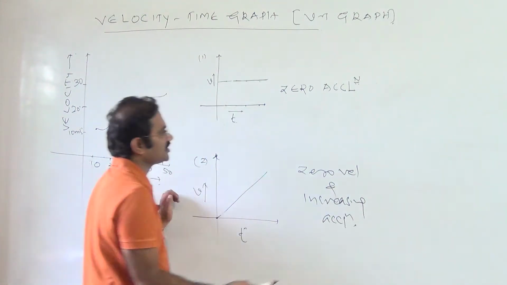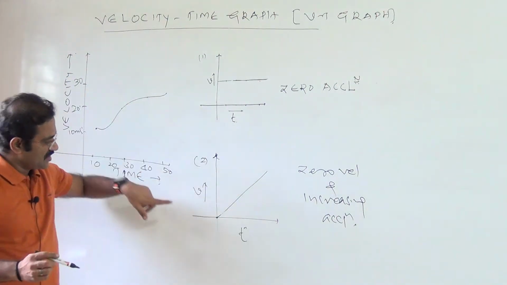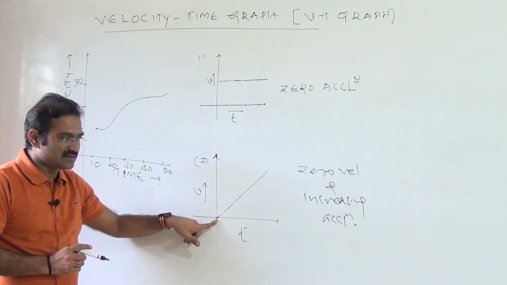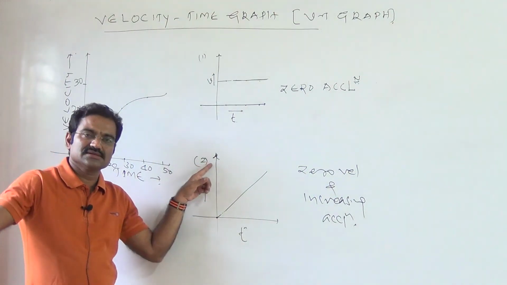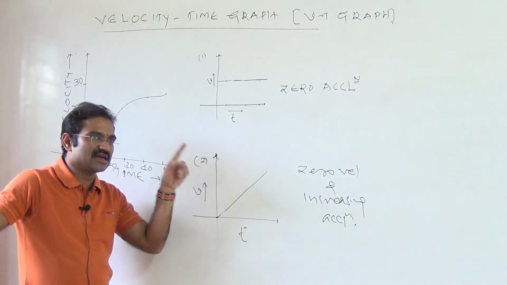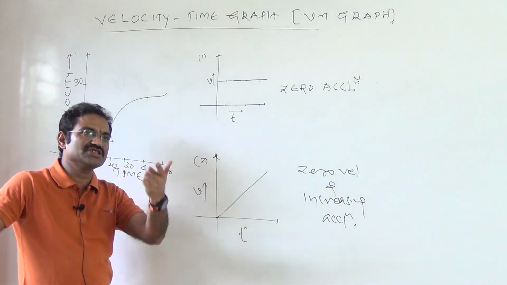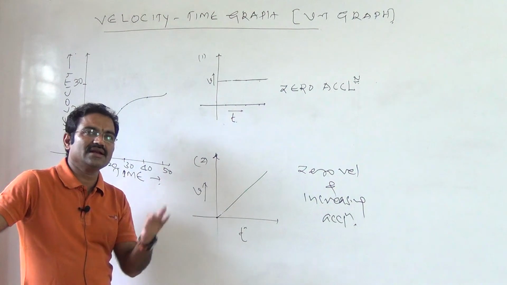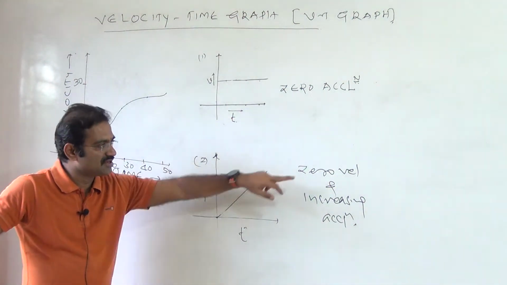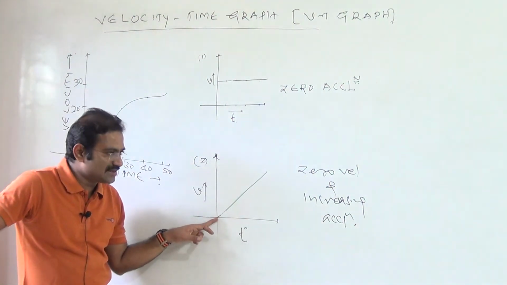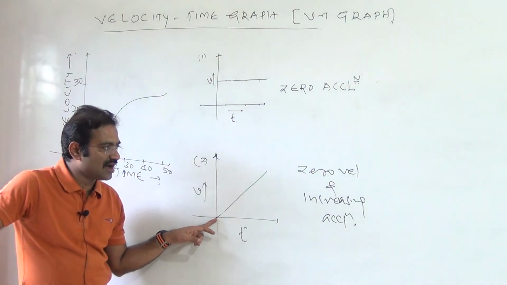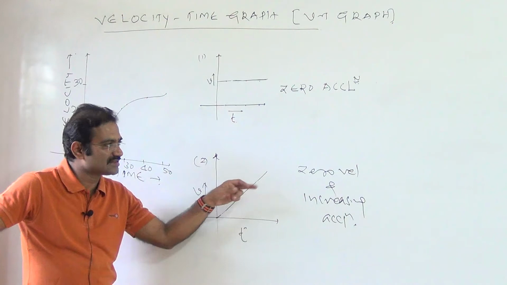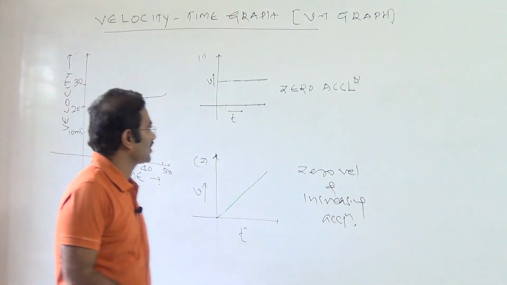Initially the body is at rest. With respect to the time, the velocity is increasing. If there is a change in the velocity, then automatically there will be acceleration. Therefore, the body has zero initial velocity, and after some time there is an increasing acceleration.